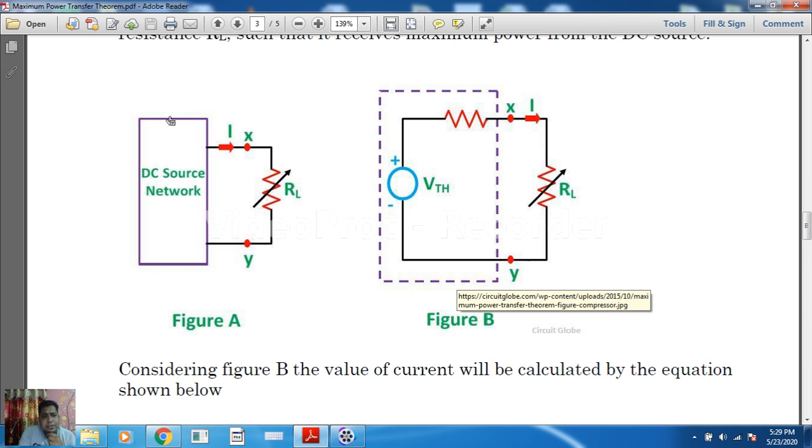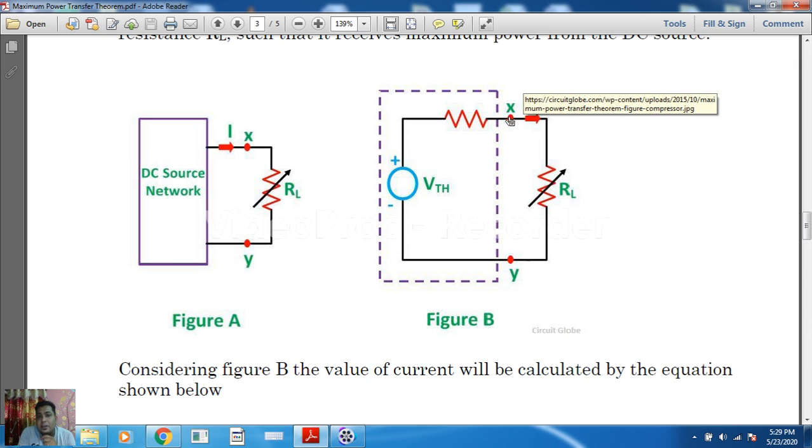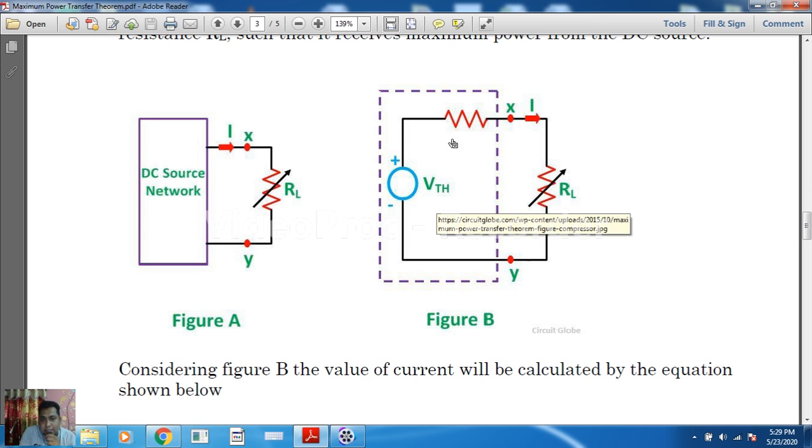In Figure 1, it is shown that there is a DC source coming to the resistance, very simple. In the next diagram, the same thing is there in an elaborated version, where this DC source has its own resistance value, shown in the dotted line. This is the VTH DC source and its internal resistance is this one.